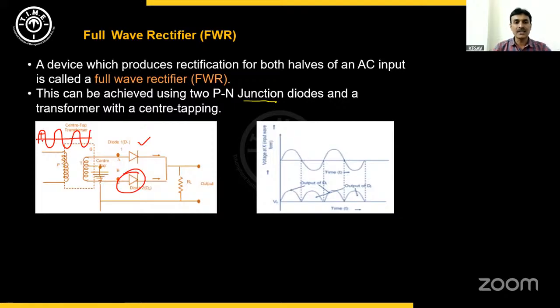Means the first positive half cycle passes through the first diode, let us say D1, the top one. When it comes to the negative half cycle, the second diode will be in forward bias mode, whereas first diode is in reverse bias mode. So first diode does not conduct, but that signal is passed through the second diode, D2.